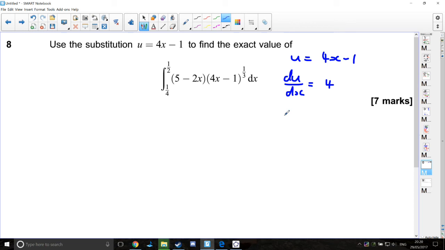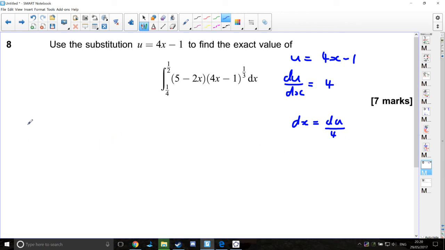Just be careful, multiply by dx, divide by 4, and we get that dx equals du over 4, or quarter du. Either one of those is fine.